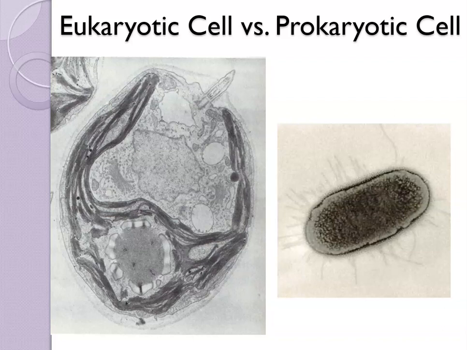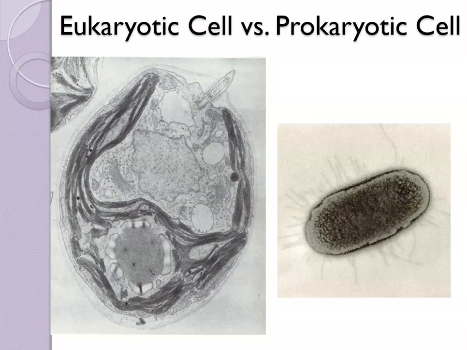So although a eukaryotic cell is generally larger and more complex than the prokaryotic cell, you can't just assume that from pictures sometimes unless there's a scale bar, or try to rescale it so you're comparing apples to apples.